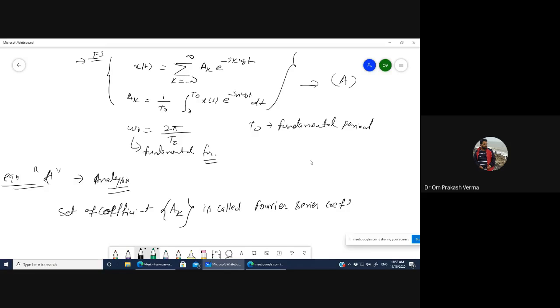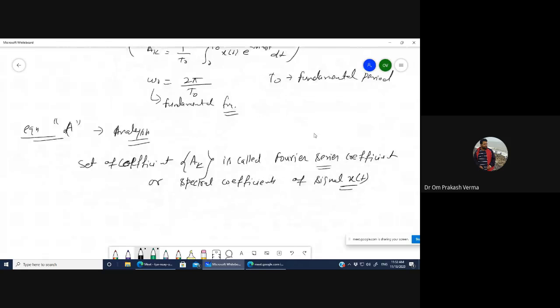In the exam, the question will ask: find out the Fourier series coefficient {a_k} for the given problem, right? It is also known as the spectral coefficient of the signal x(t).